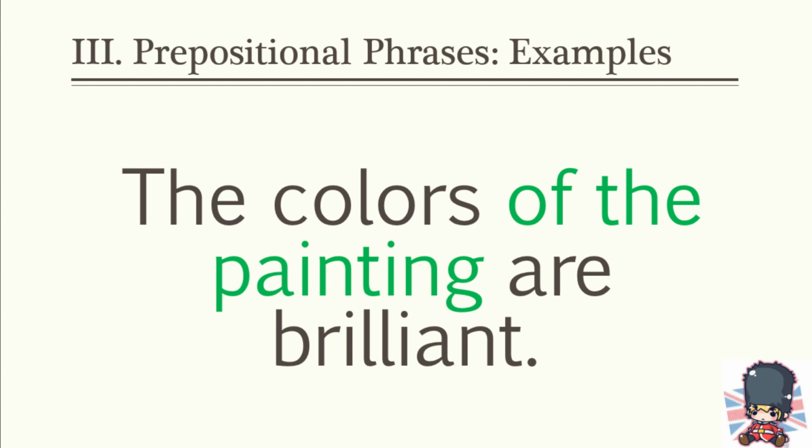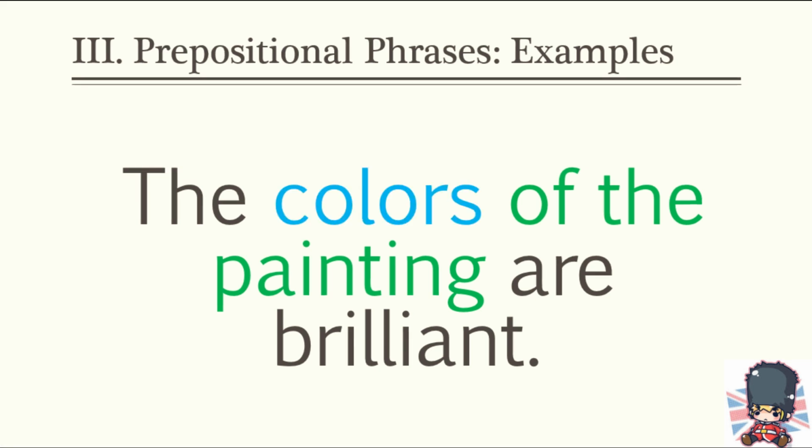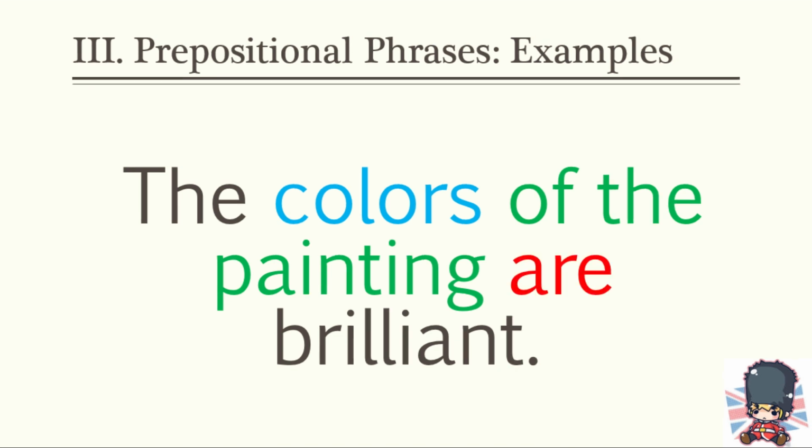Prepositional phrase, ito yung nagsisimula sa preposition na phrase. So, of the painting. Kasi of is a preposition. Minamodify niya yung word na colors. So, dahil ang subject natin ay colors at hindi painting, colors is a plural subject. So, you have to use a plural verb which is are.